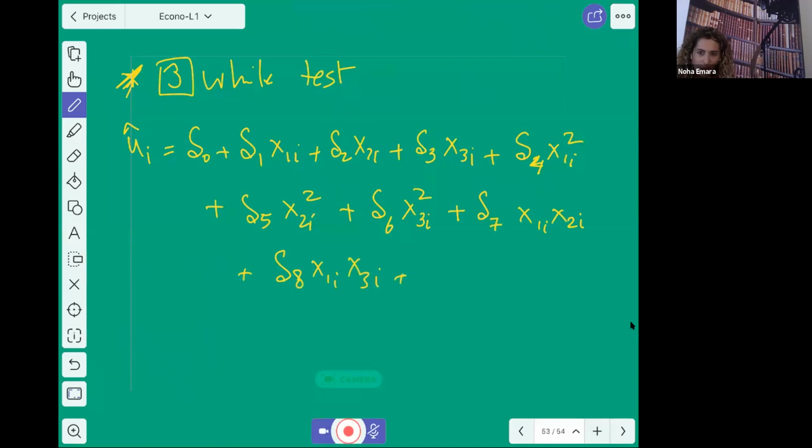As you can imagine, it's a very broad test which allows for possible nonlinearity, possible interaction or multiplication between the variables in the model. Here I have just 3, I just made an example of 3, but you can have it as wide as 7 x's or more. Okay, and then x2i x3i plus v_i, which is the error term of this model.